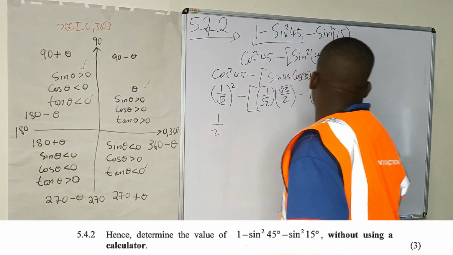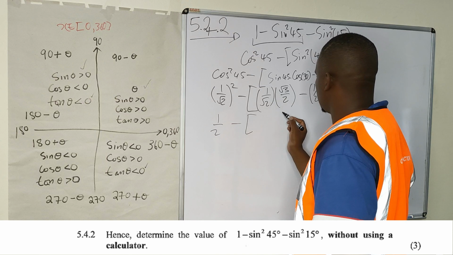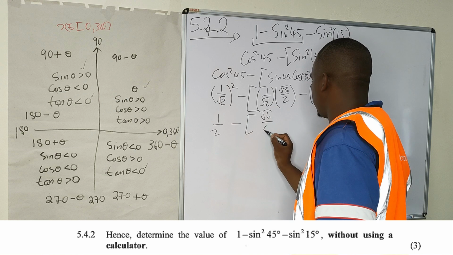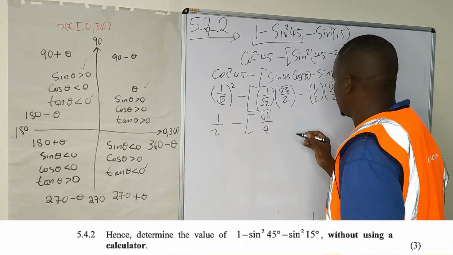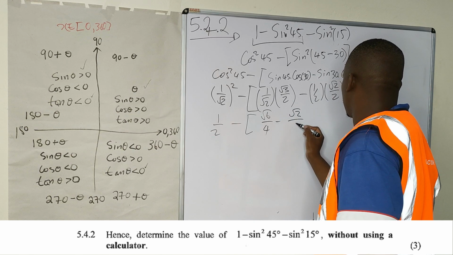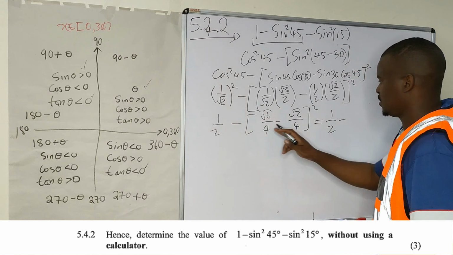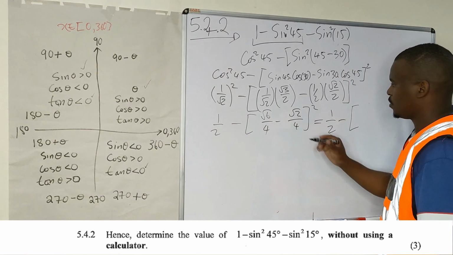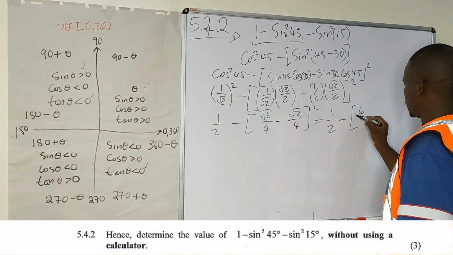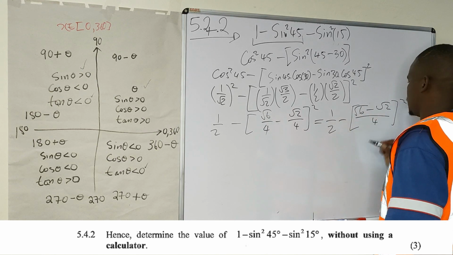We have 1 over 2 here, minus this. What is this? This is root 6 over 4, right? Minus root 2 over 4, all squared, equal to 1 over 2 minus the square of this thing here. What is the square of this? So this is more like root 6 minus root 2 all over 4, then squared.